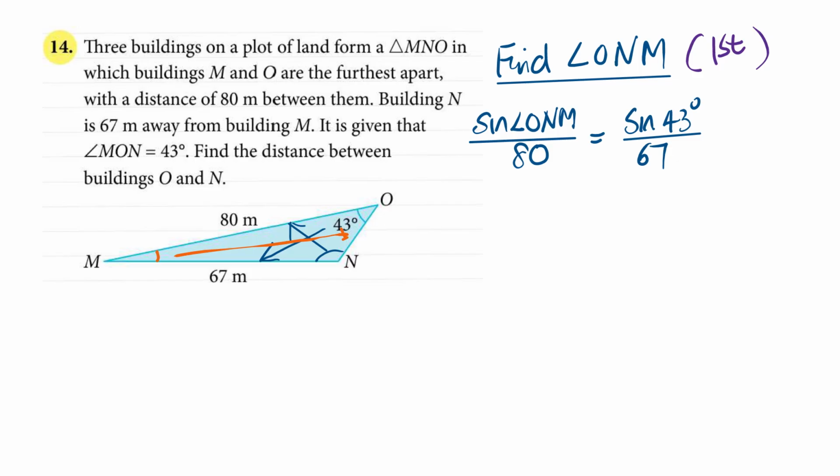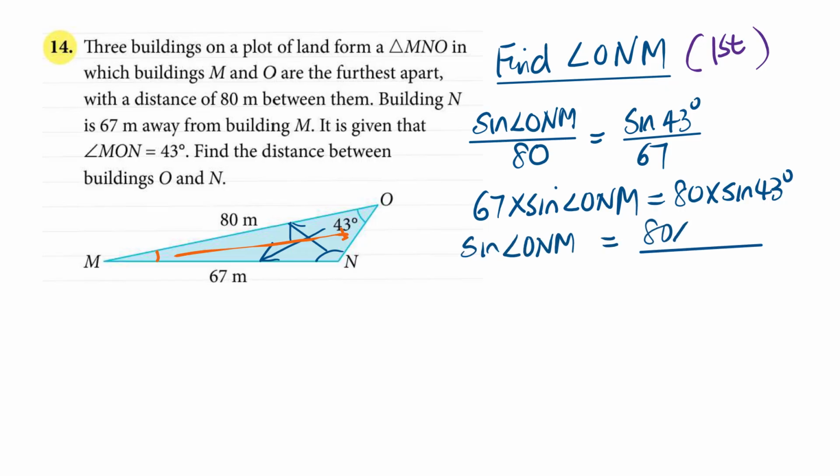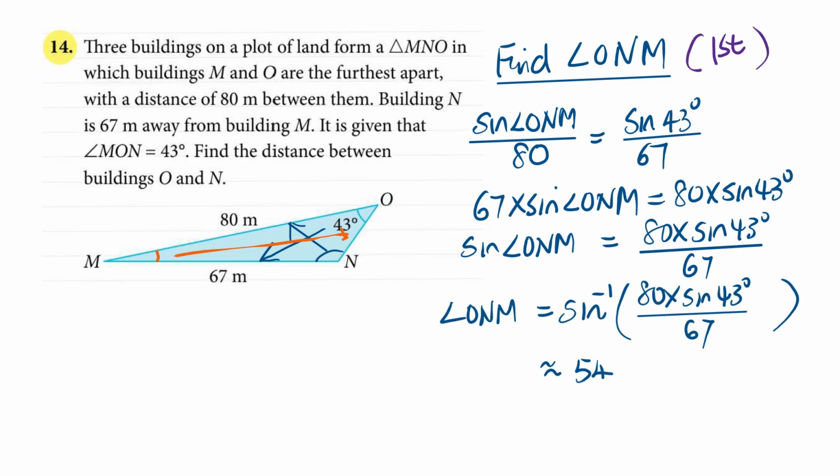Let's cross multiply and divide by 67 on both sides. To find the angle, you just take sine inverse of the right hand side value, and you get 54.52 degrees. Because this is not the final answer, you should leave it to 2 decimal places.